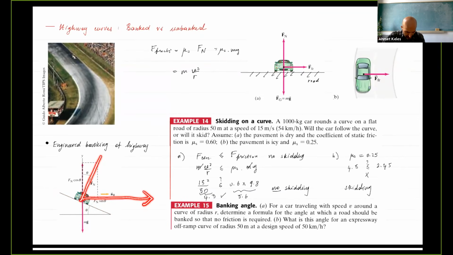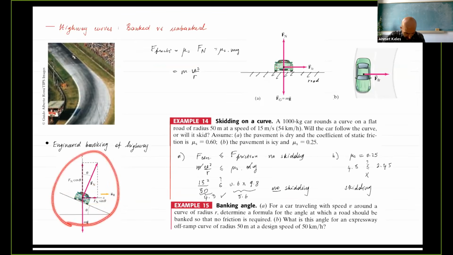And this force will cause circular motion like this, and you will not even need friction in that case. Of course, if you have friction, it only helps, but even without friction, you will be able to execute this circular motion due to this angle. And that's kind of useful.